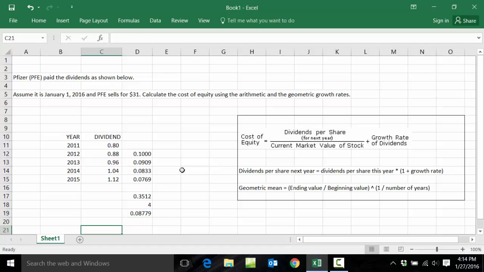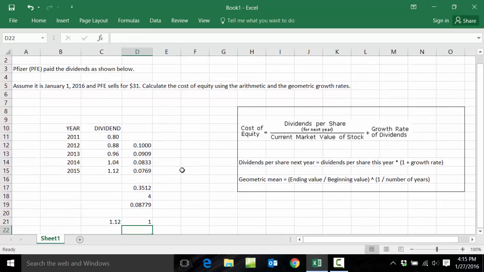So we take $1.12 and just add a 1 to the growth rate, and now we'll multiply $1.12 times the arithmetic growth factor, and you will get an estimated dividend for next year of 1.218326.